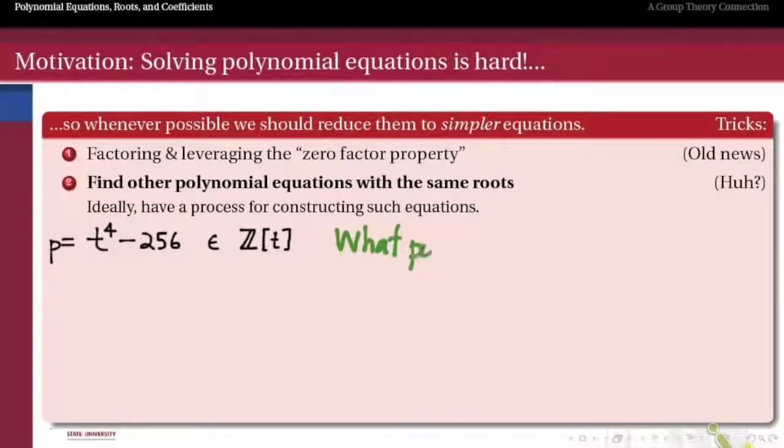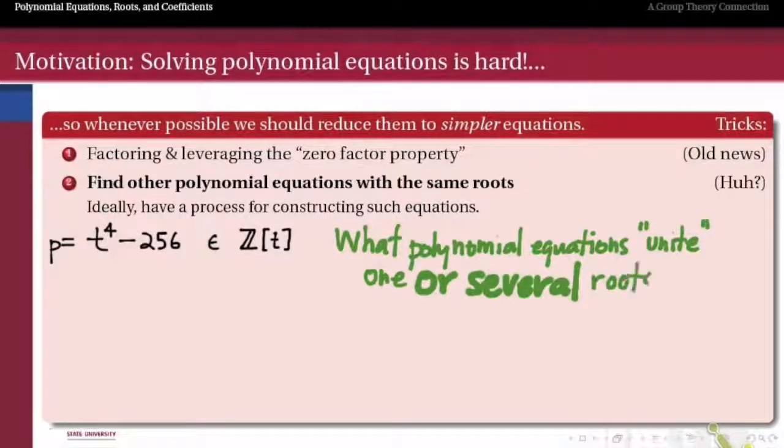Let's again take this same polynomial and ask the question, what other polynomial equations might take the roots of p and unite them together? In other words, not just a polynomial equation in a single variable that one of the roots of p might satisfy, but maybe polynomial equations in several variables that will be satisfied if I put several of the roots of p into them.